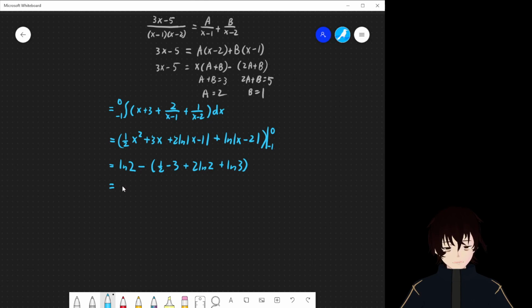Simplify, we get 5 over 2 minus natural log of 2 minus natural log of 3.